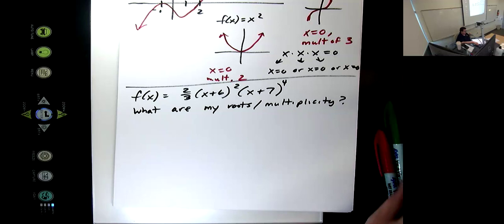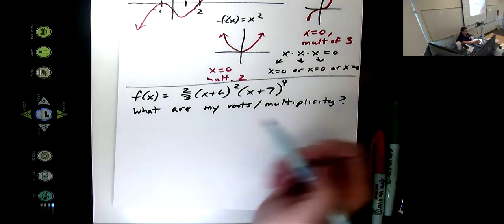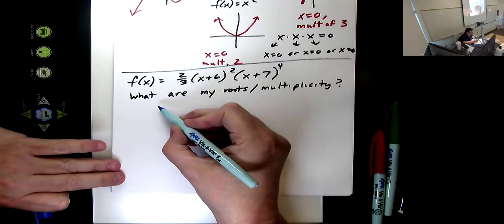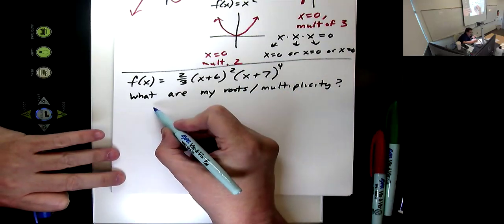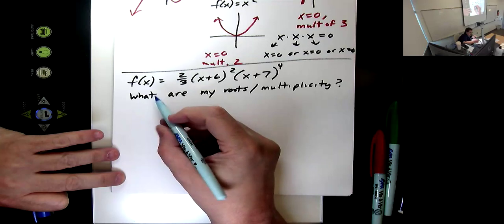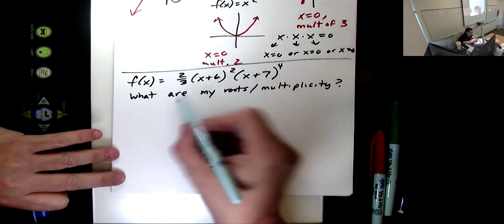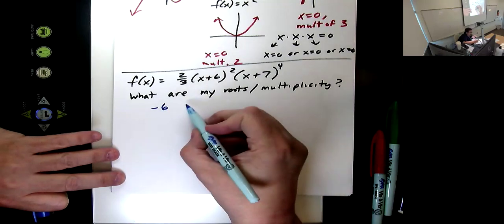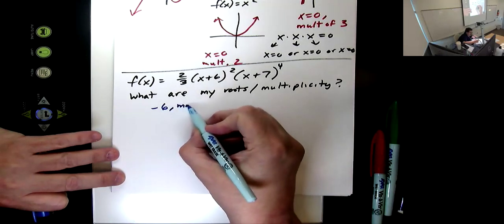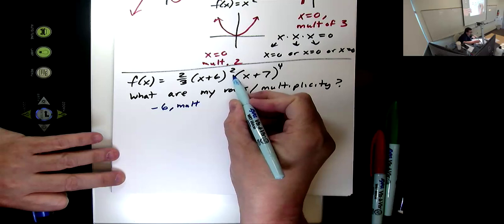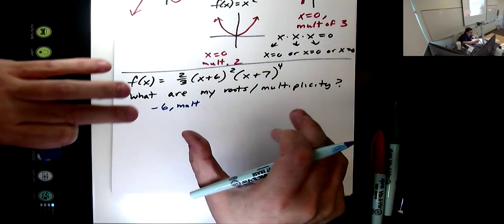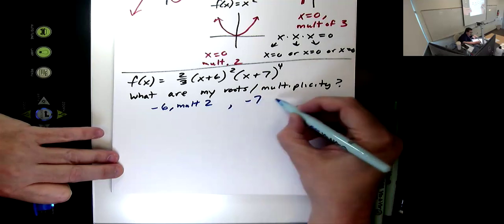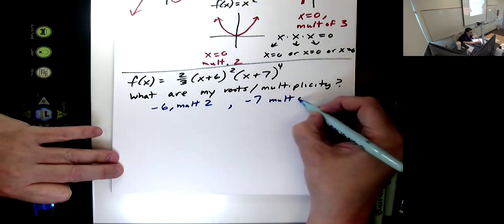The roots are -6. Not quite, each one does it separately. So how many times does -6 show up? Twice, because there are 2 parentheses. If I take the square and make it parentheses, multiplicity of 2. -7 is multiplicity of 4.